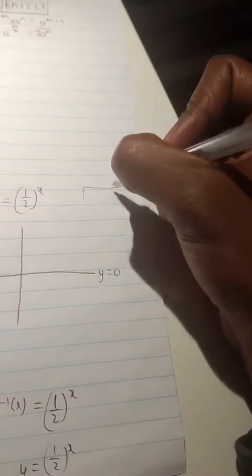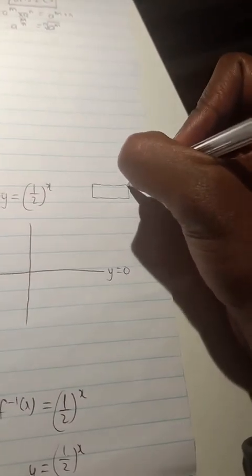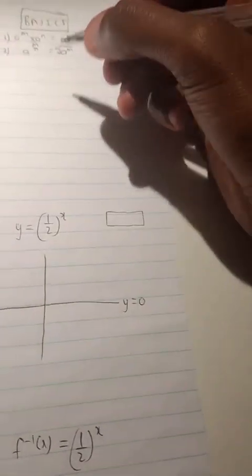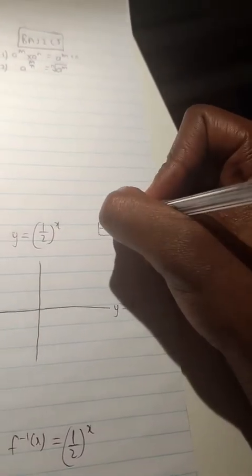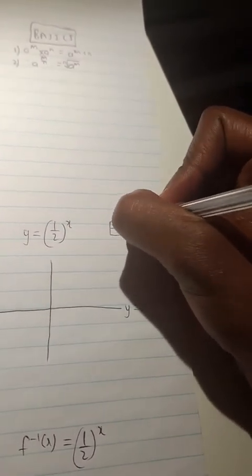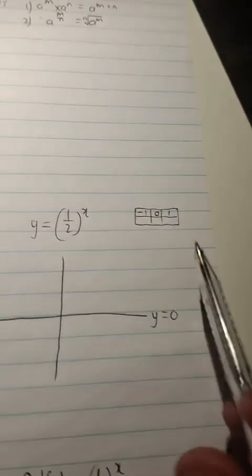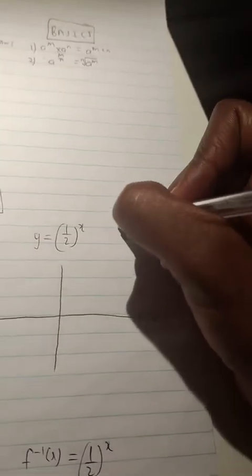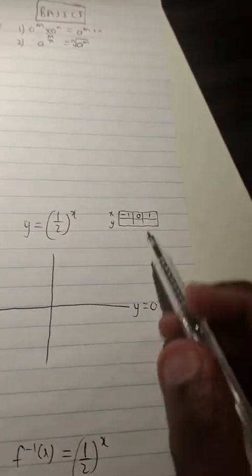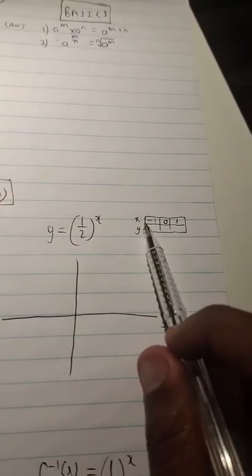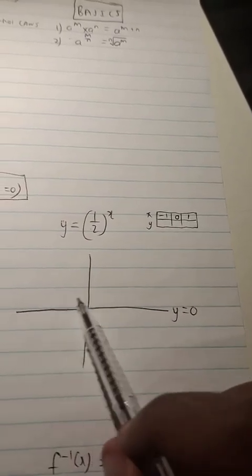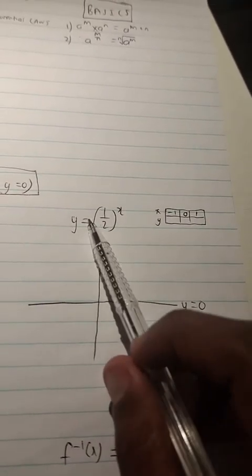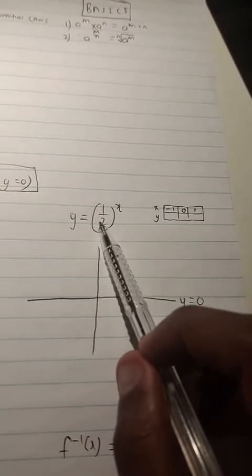Then, to be honest guys, whenever we are sketching a function like this and there's no directive as such, I really prefer that we simply use -1, 0 and 1. We just substitute -1, 0 and 1 for x, so that we have an idea as to where the function will be. So in my head already, I know that a is +1, b is half.